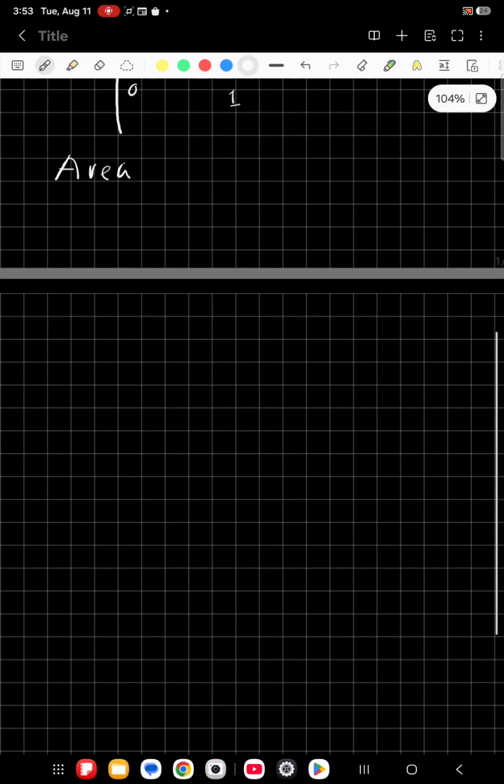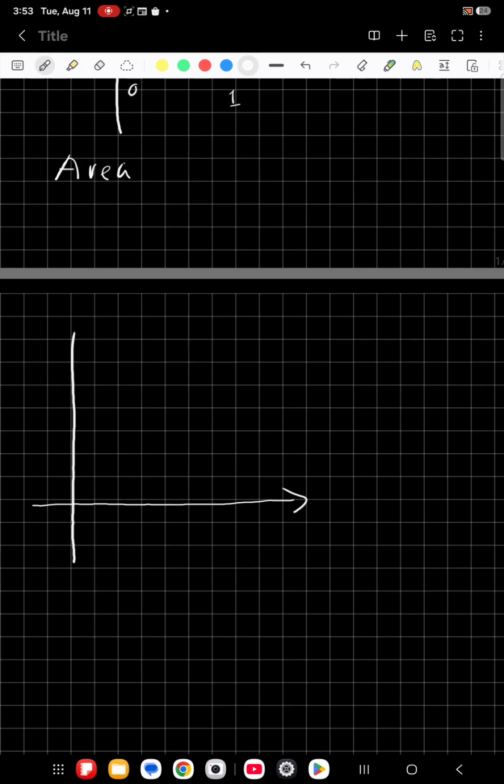The graphs may not be as accurate, but I'll make the area between the two curves slightly bigger.